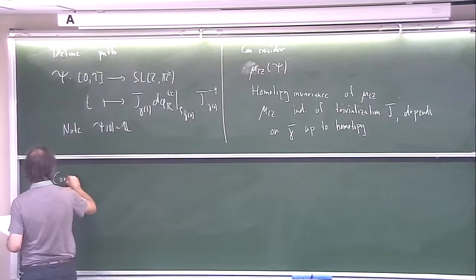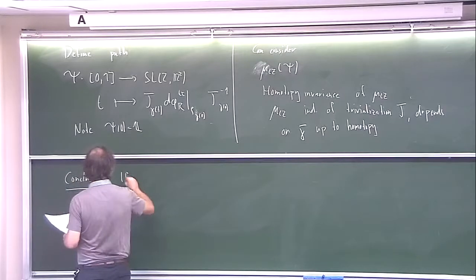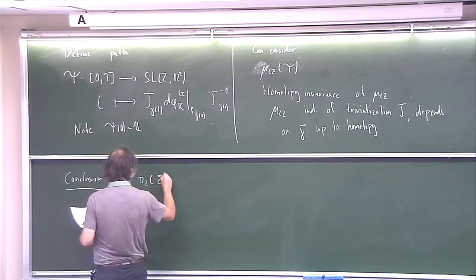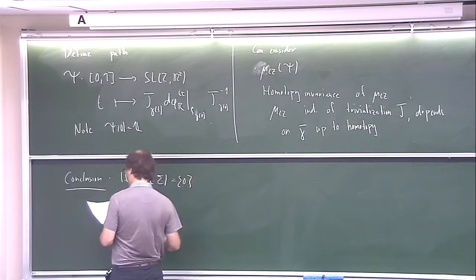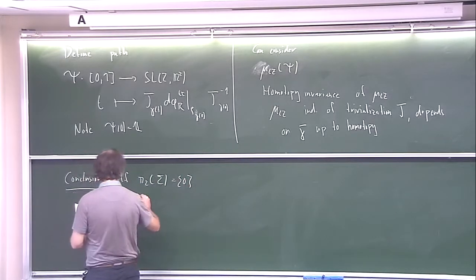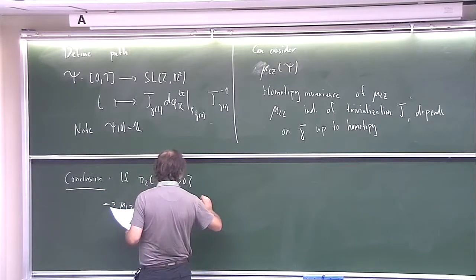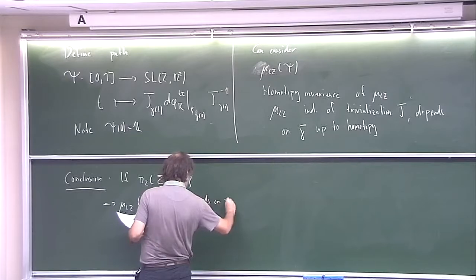So conclusion, if pi 2 of sigma is trivial, then the Conley-Zehnder index of psi only depends on gamma.